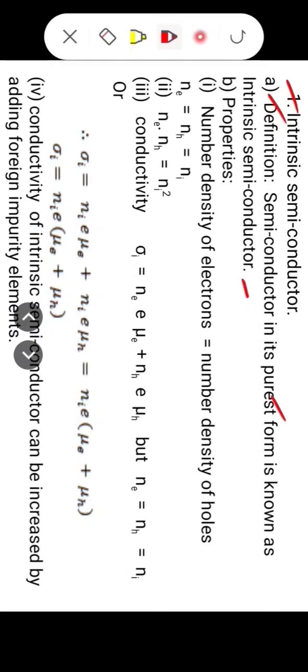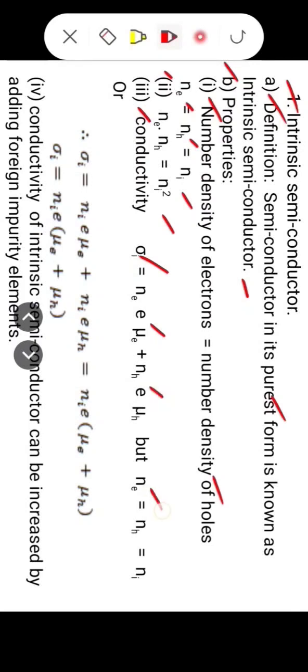Now what are properties of intrinsic semiconductor? Number one, number density of electrons is equal to number density of holes, that is Ne is equal to Nh is equal to Ni, Ni for intrinsic number density. Second, Ne into Nh is equal to Ni square. Third, conductivity is sigma i, i for intrinsic. Sigma i is equal to Ne e mu e plus Nh e mu h.